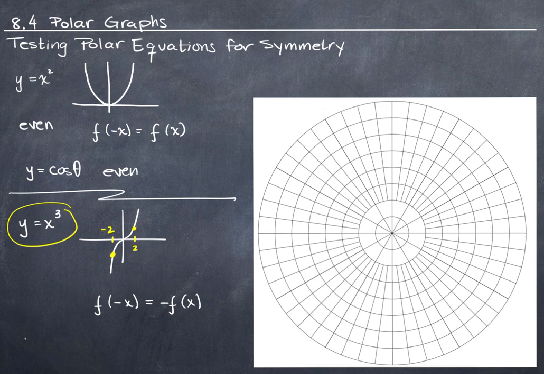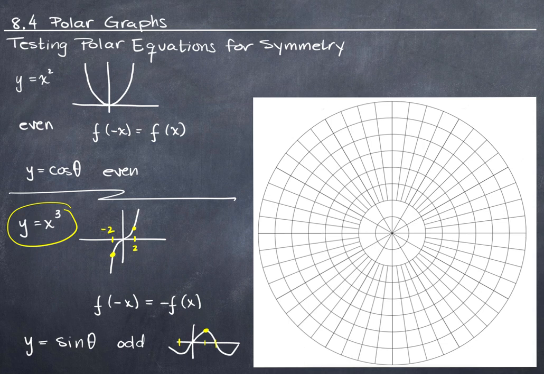And as it turns out, y equals the sine of theta is odd. That's because the graph of sine looks something like this. Okay, this is pi here, so pick pi over 2. If pi over 2 is positive, I get positive 1.